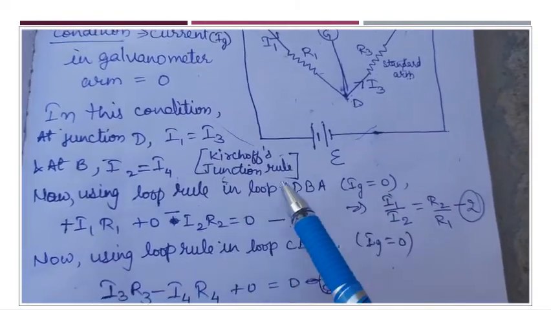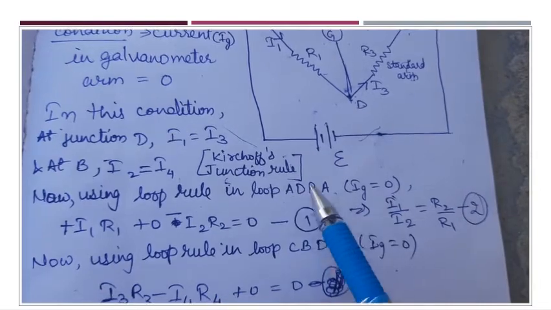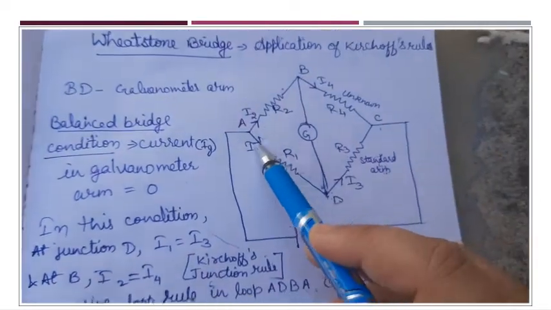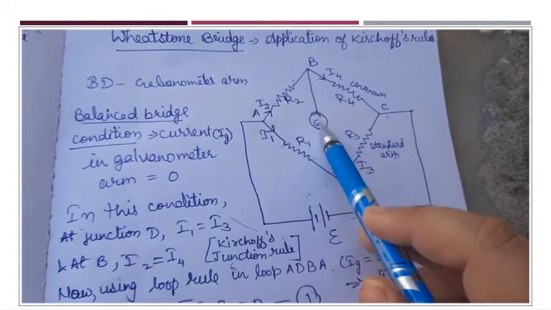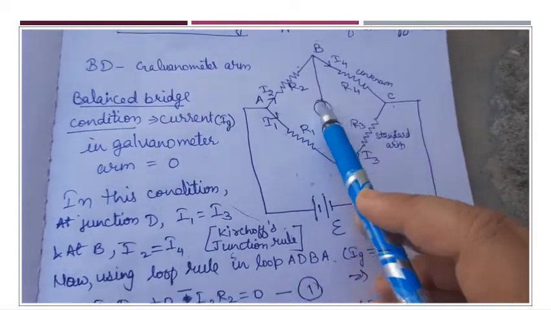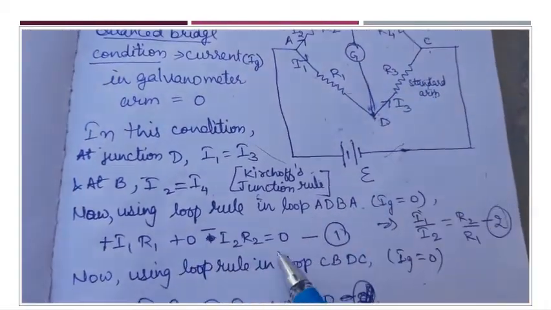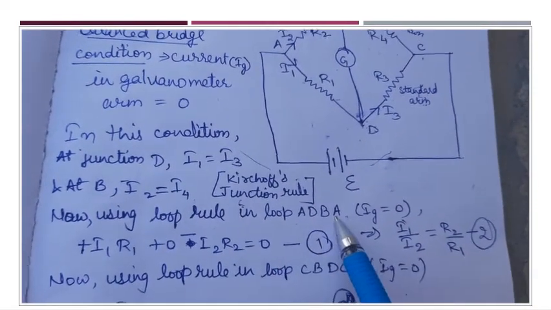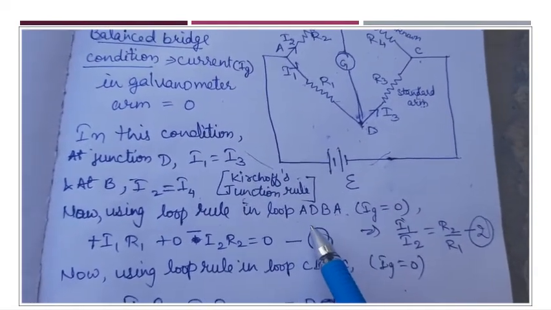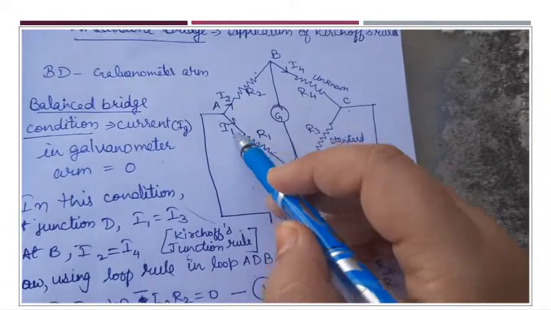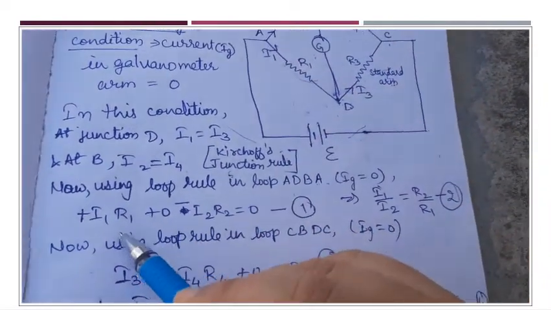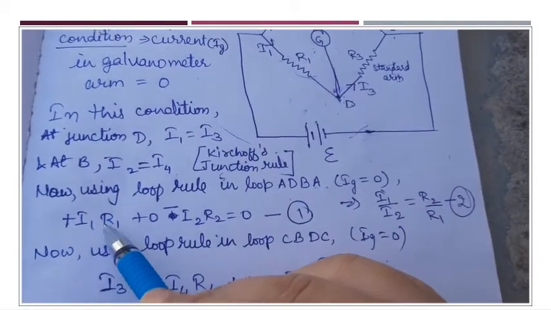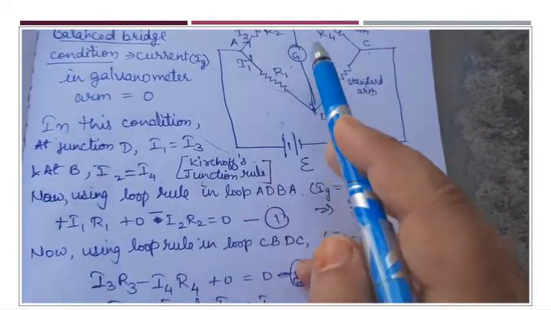Now we apply the loop rule to the loop ADBA. Here again, remember that this is the balanced bridge condition, so the current in this particular arm is 0. Now if we apply the loop rule to loop ADBA, we see that current I1 is in the anti-clockwise direction, so according to our convention, we take it positive: I1 R1.